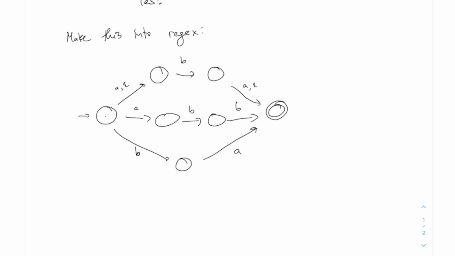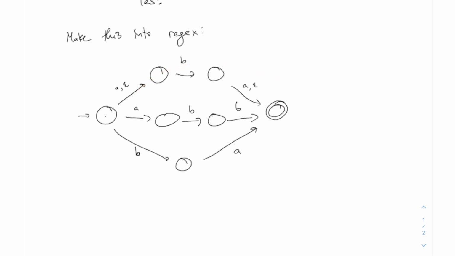Okay. How do we do it? Well, looking at the structure here, actually this is an easy one. What makes it easy? Well, one thing that makes it easy is all the arrows kind of go from left to right on this diagram. There's a starting state and a single accepting state, and every arrow just proceeds you along from the start to the accepting.